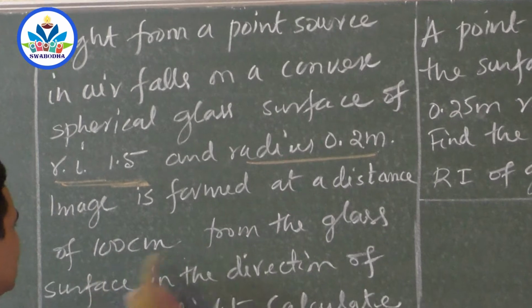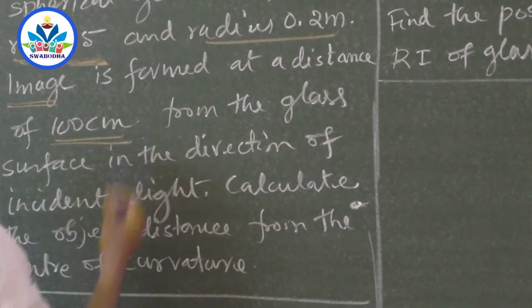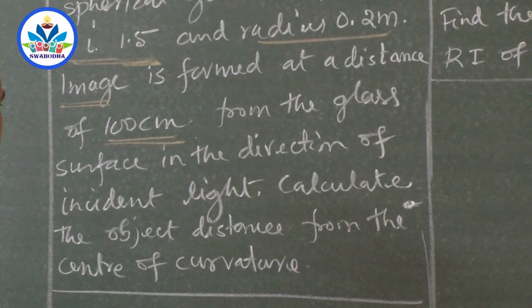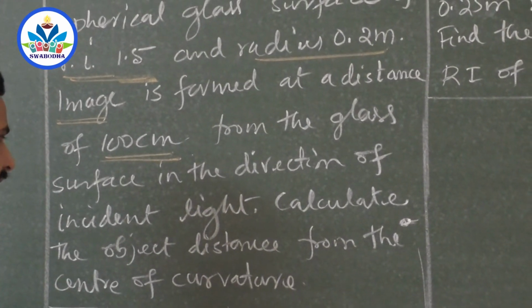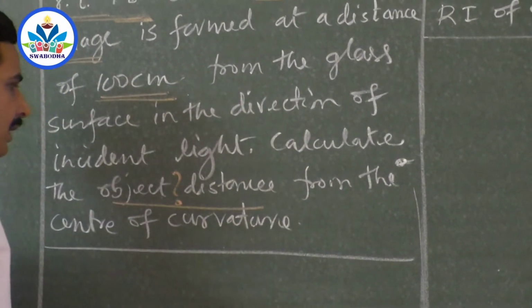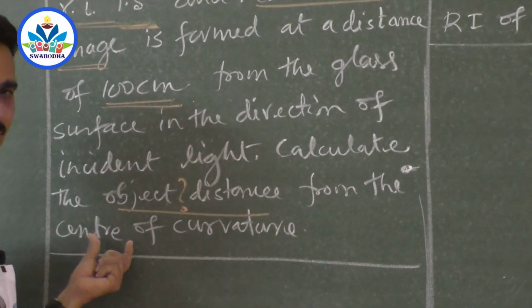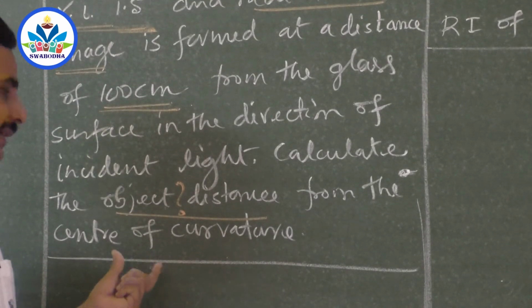Image is formed at a distance of 100 centimeter from the glass surface in the direction of incident light. Calculate the object distance from the center of curvature. So you have to find the object distance, that is the question mark. From the center, okay, that we will take care of later, because all the distances are measured from the pole, but we will take care of it while writing the answer.